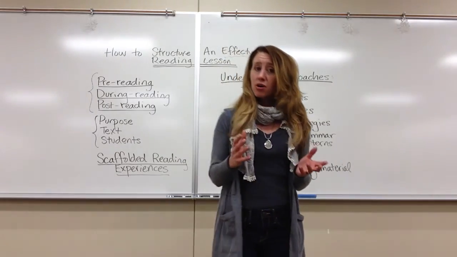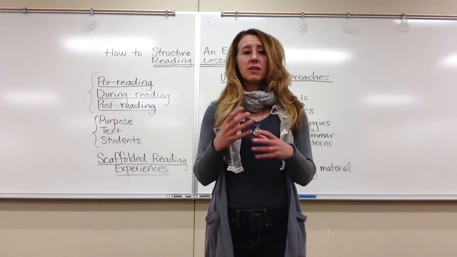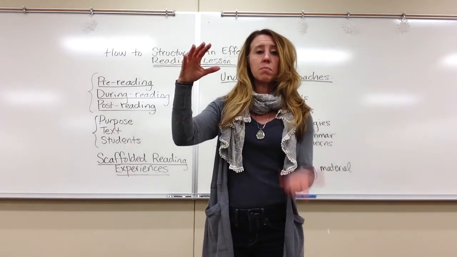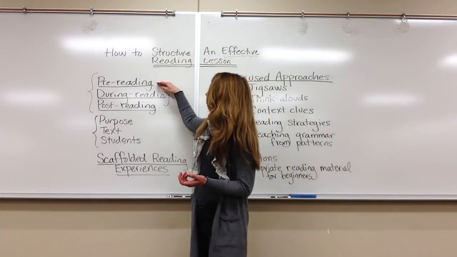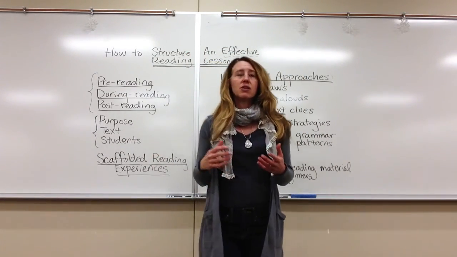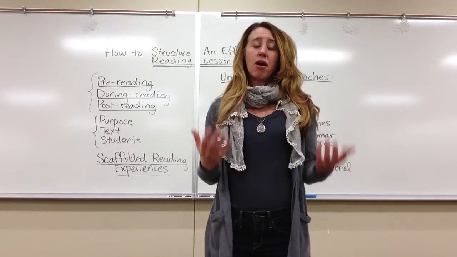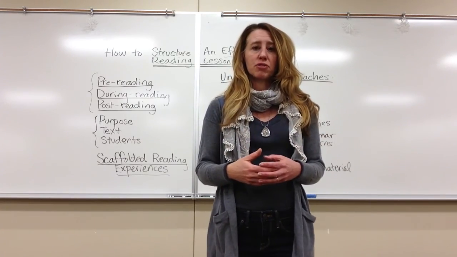Now, what we know from the last lecture is that it should be interactive, right? It should be both top-down and bottom-up, the ways that you are supporting them. So, for example, with pre-reading, you are supporting them top-down by talking about the author's purpose or getting them to notice or guess about the author's purpose.